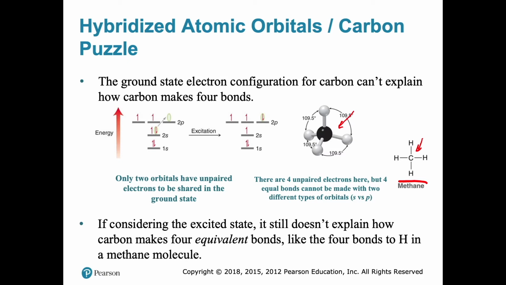So let's take a look at carbon's atomic orbitals, right? This is what we saw before, where we have one electron here that needs to be paired. It's lonely. We have one electron here that needs to be paired. It's lonely. But the other two are already paired, right?